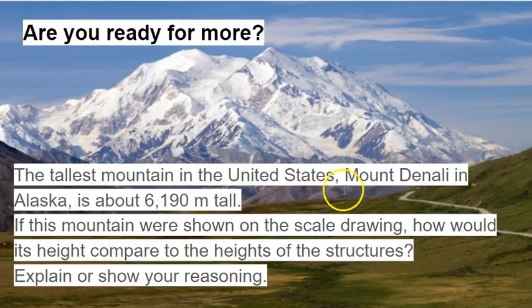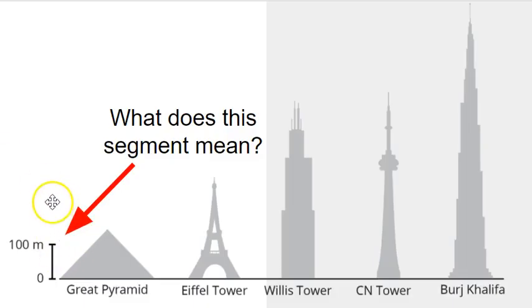All right, so the tallest mountain in the United States is Mount Denali in Alaska, and it's about 6,190 meters tall. If this mountain were shown in the scale drawing, how would its height compare to the other structures? Well, if it's 6,190, that is 62 of these going up.